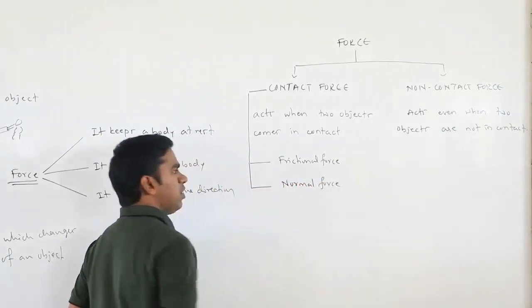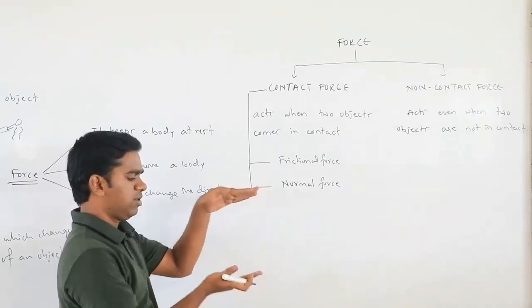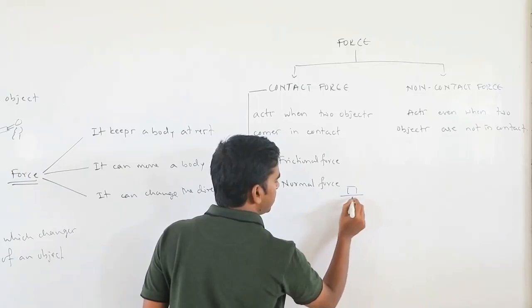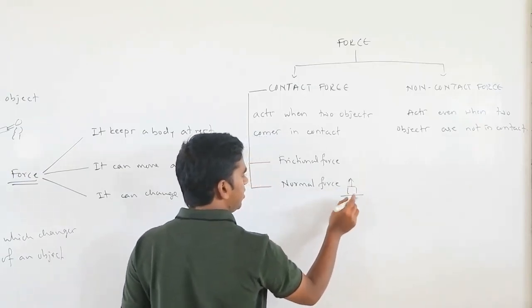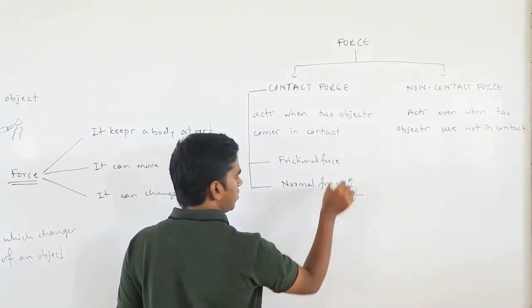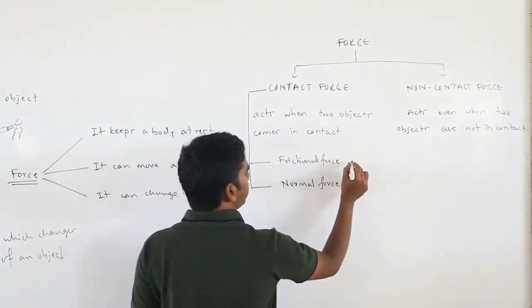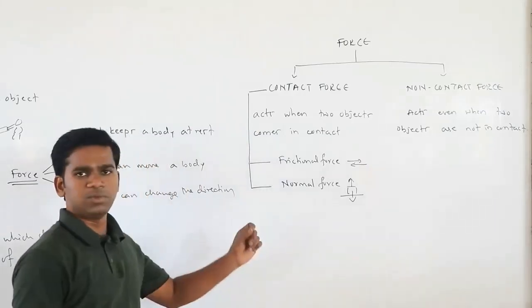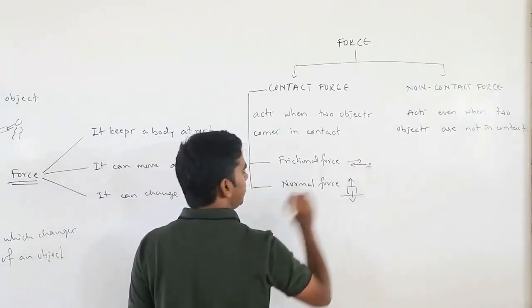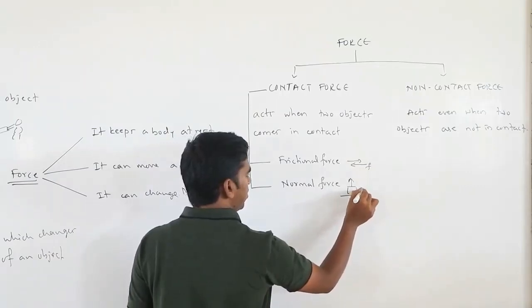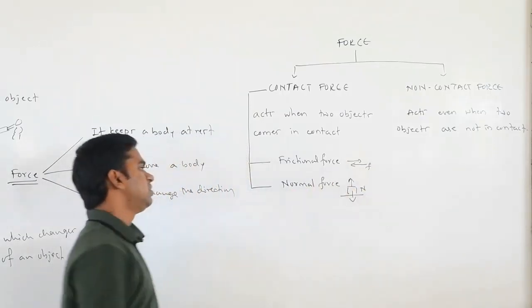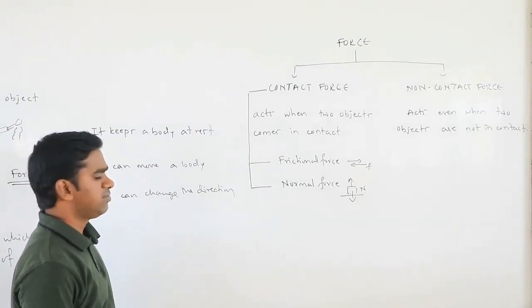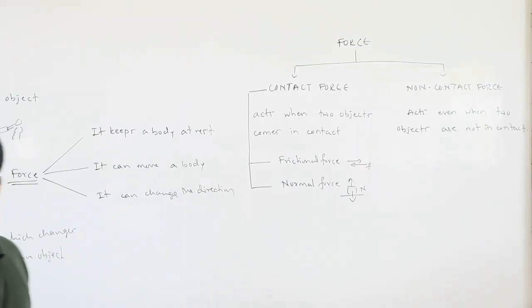Okay, so again normal force will come into action when one body comes in contact with another body. Normal force means what? You have an object kept here, the force acting on the body by the other body. Similarly, friction means if you are moving in this direction, it opposes your direction of motion. That kind of force is what? It is the frictional force. This is the normal force, you can denote it by N. Okay, so these are the two best examples for the contact force, frictional force and the normal force.